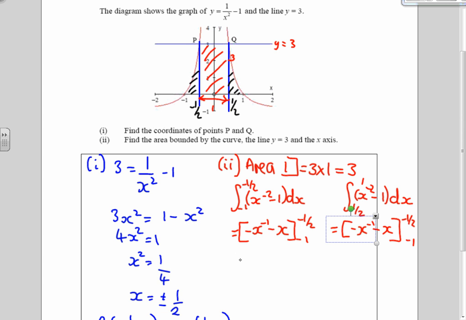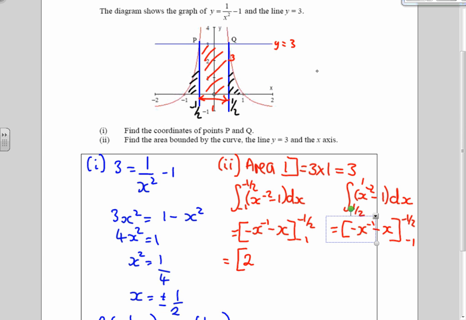So when I substitute in minus a half into this, I get, well, 1 over a half is just 2.